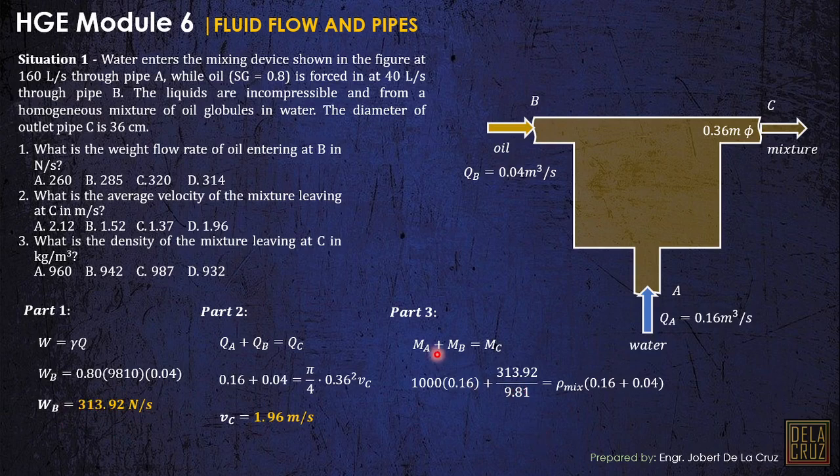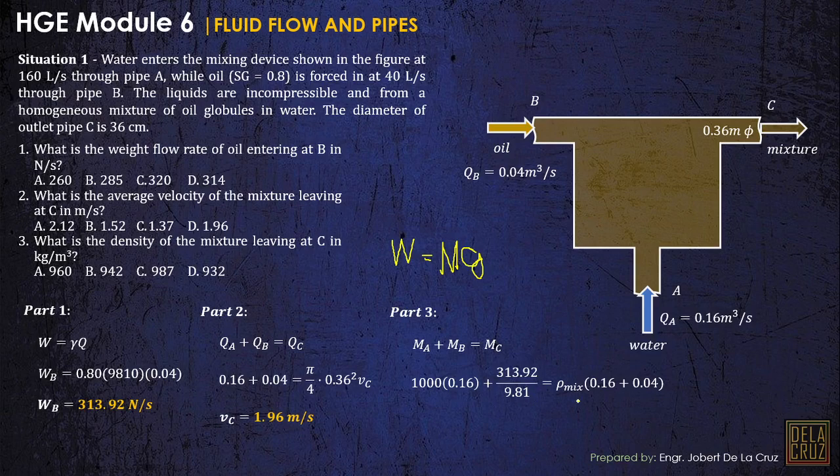As I said earlier, the weight flow is equivalent to the mass flow M times the gravity, so the mass flow is the weight over the gravity.